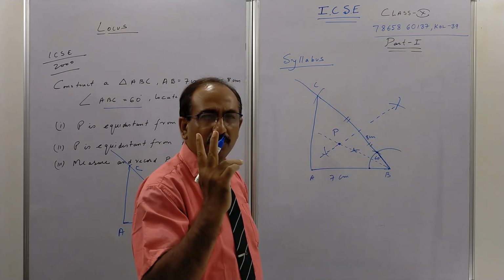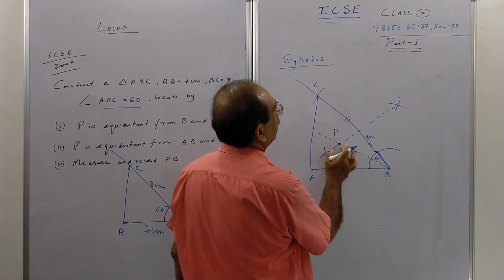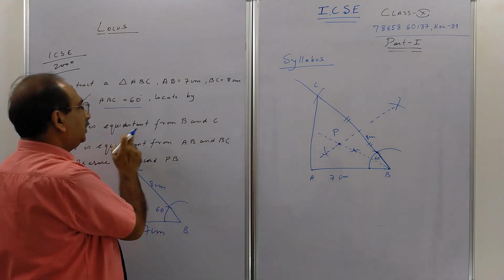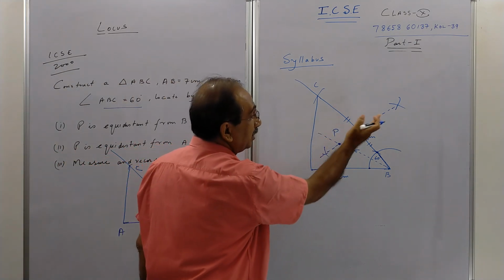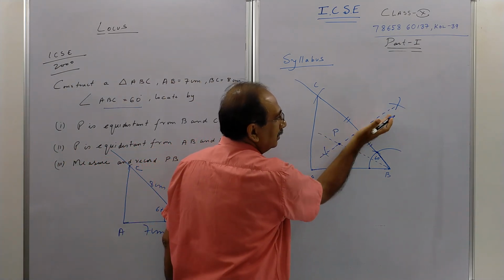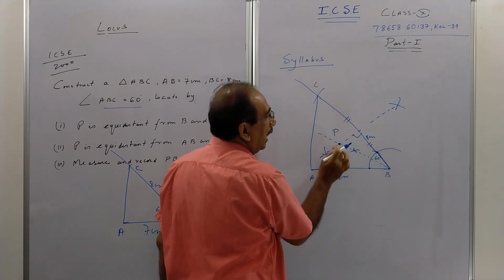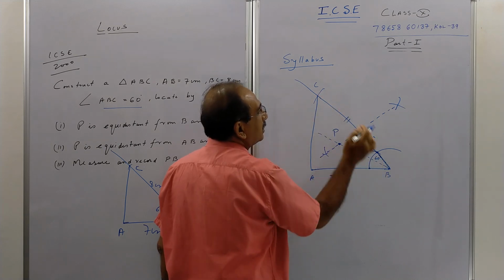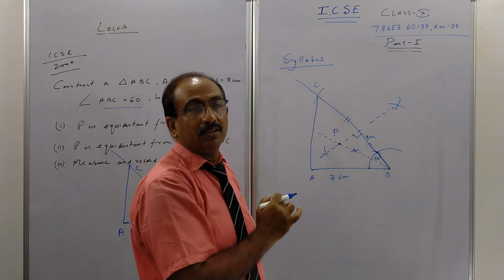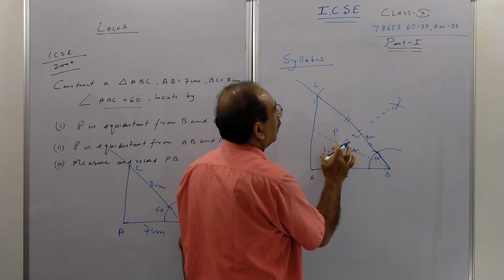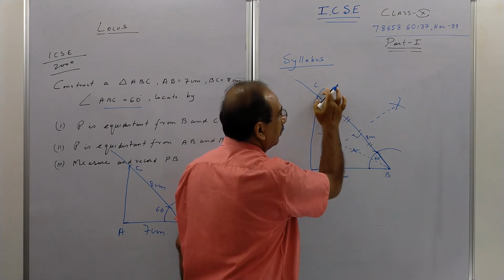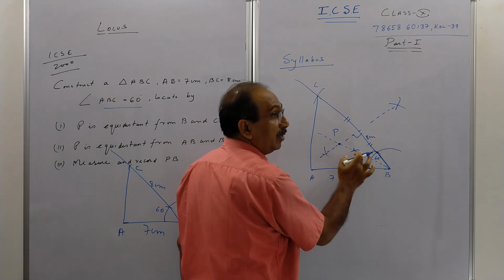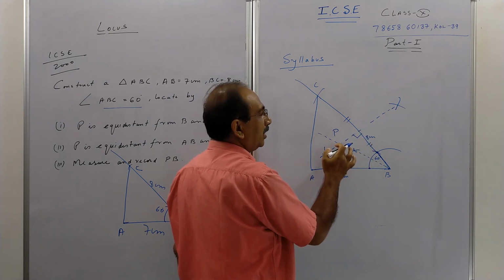So P satisfies both conditions, children. It is equidistant from point B and C. Since P is on the perpendicular bisector, this is 90 degree, these two are equal, and P is equidistant from B and C. And P is equidistant from line AB and BC because P is on the angle bisector.